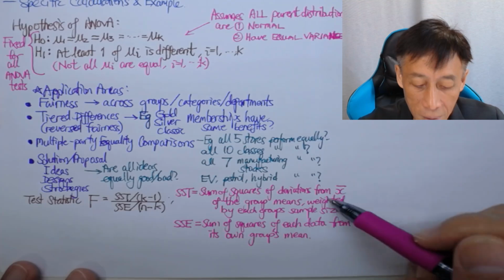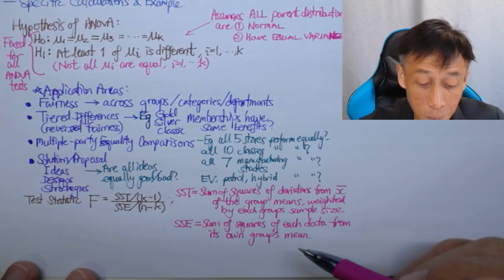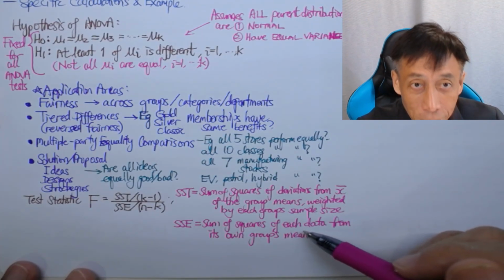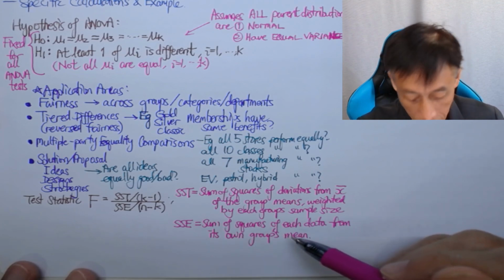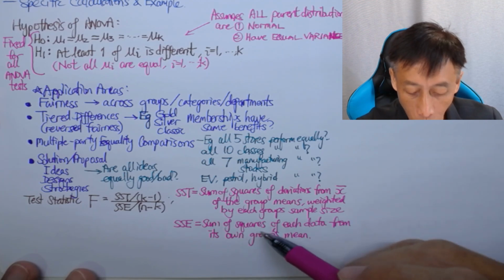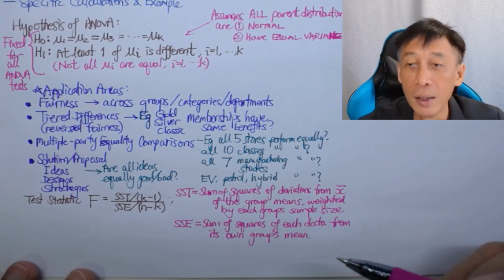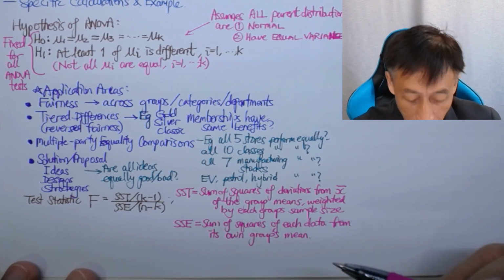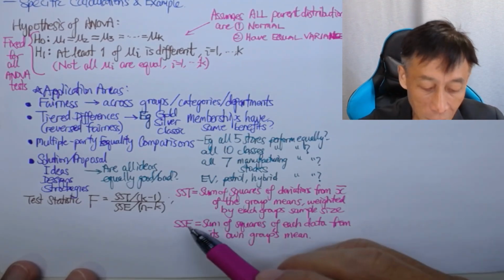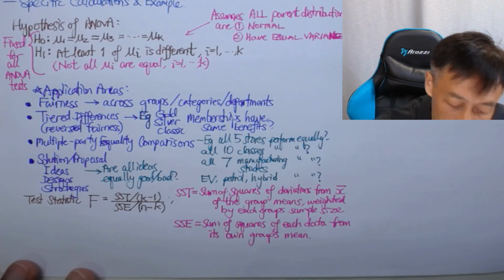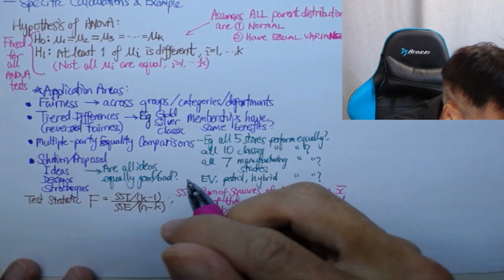So 6 minus x1 bar, because it's from its own group's mean, it belongs to group 1, right? So bracket square, that's a square, and that's all. And keep adding. Then 5 minus x1 bar, squared. And then 7 minus x1 bar, then squared. That's the SSE.